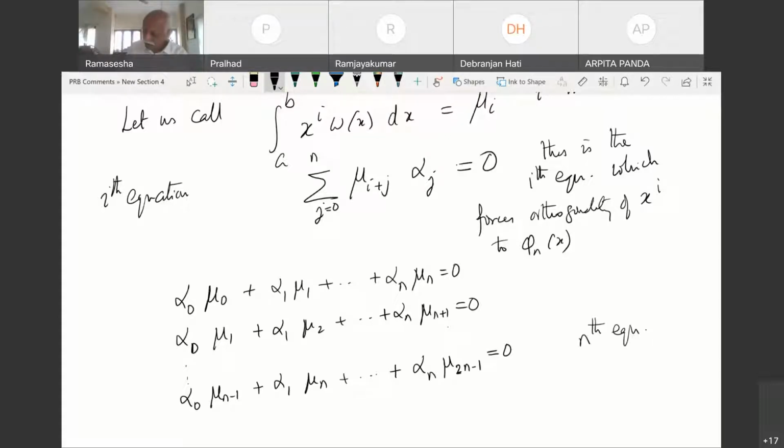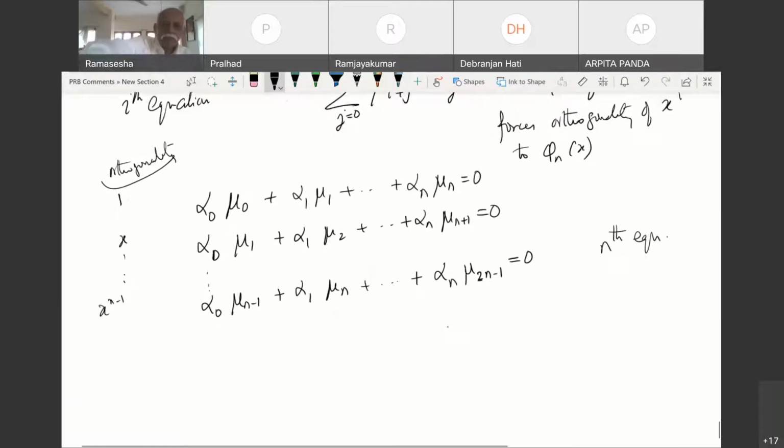So what I was doing was forcing the orthogonality to x to the power n minus 1. Okay, any questions so far? Any questions?